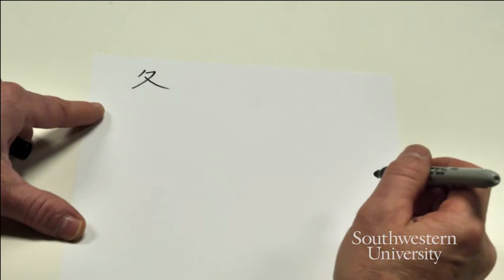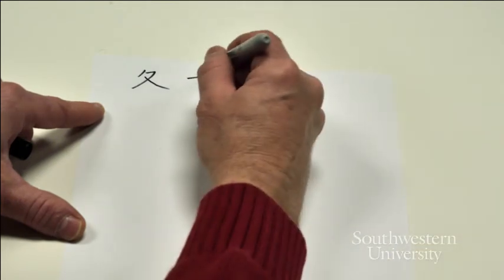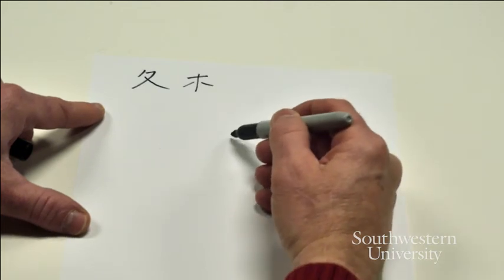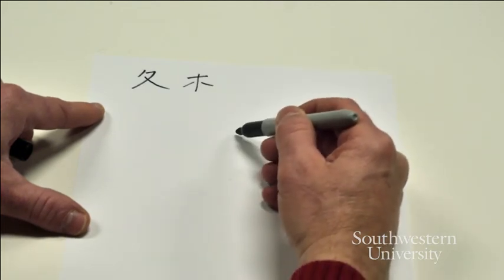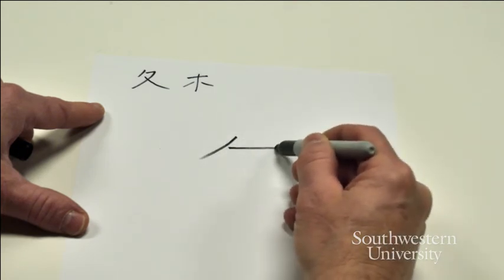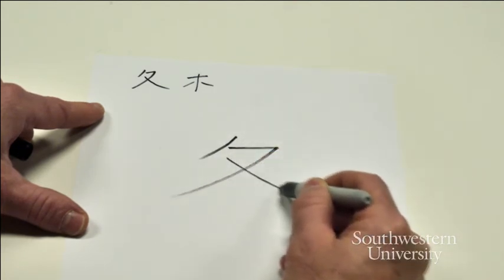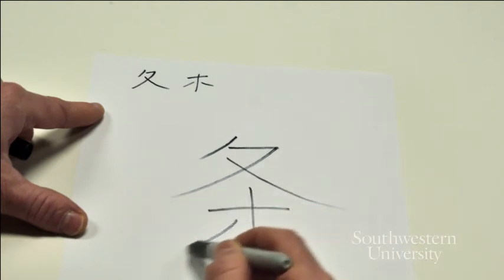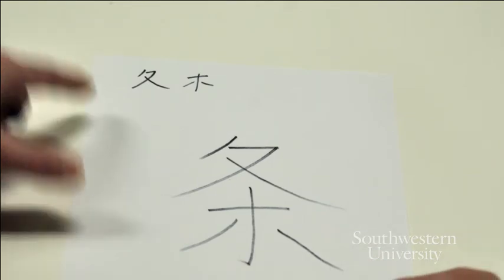In this case, I think it's just an indication of branches on the top of the tree. Tiao, measure word for thin, slender things, and it actually can mean a stick. Pie, heng, pie, na. Heng, shu gou, pie, na. Tiao.